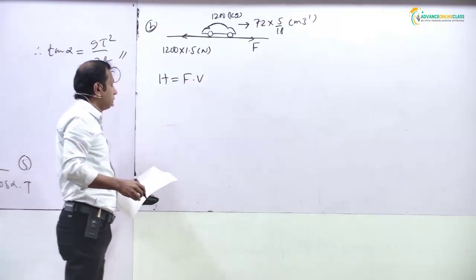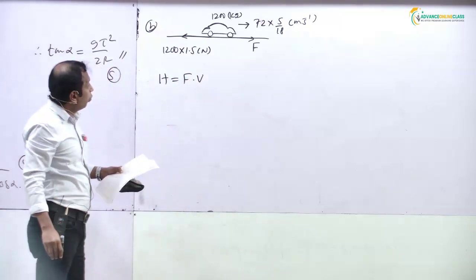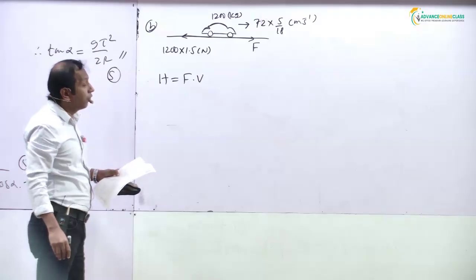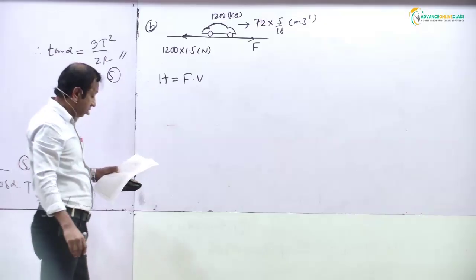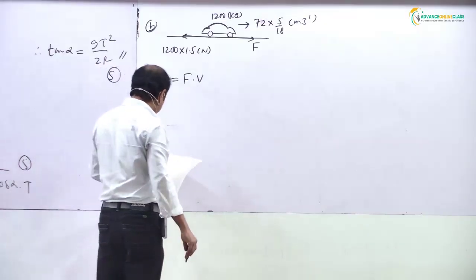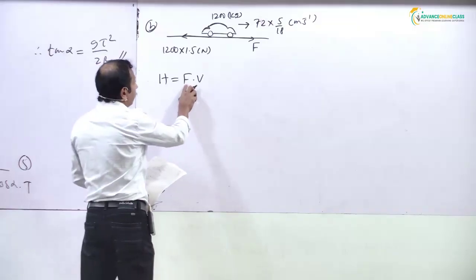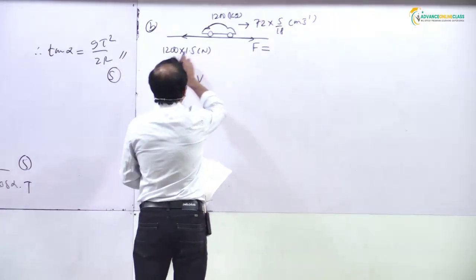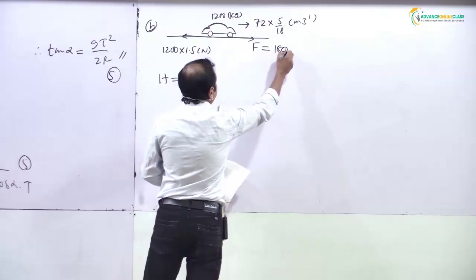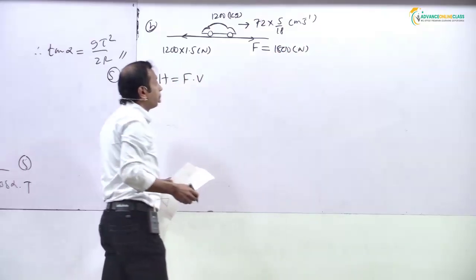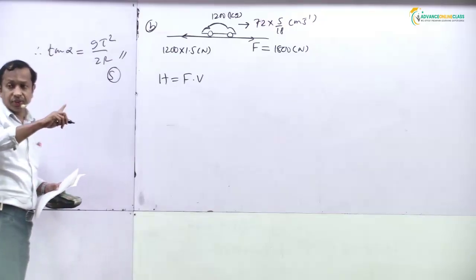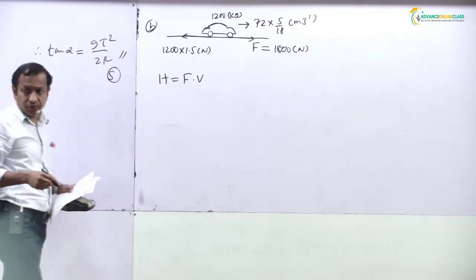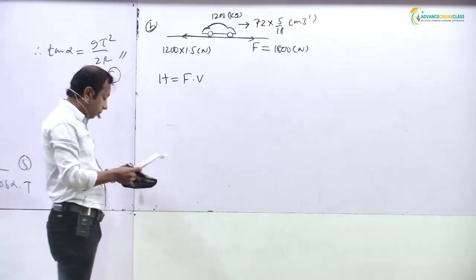Right. You know, at the maximum velocity, tractive force is equal to total resistance. Right. So then this force should also be what? This, no? 1800 newtons. Why? At the maximum velocity, total friction or total resistance is equal to tractive force. Asking first what?